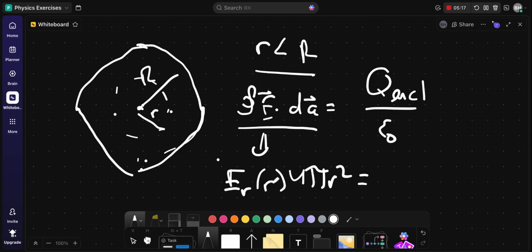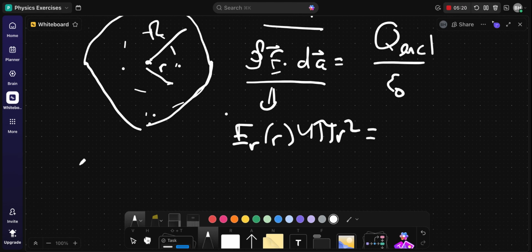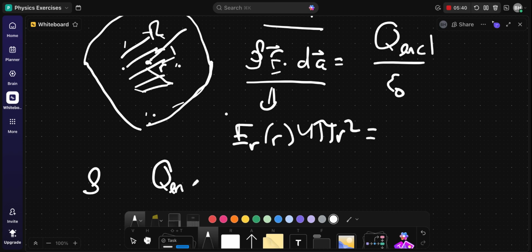So now we want to calculate the enclosed charge. Keep in mind that we have a homogeneous charge density rho, and the enclosed charge is what I'm indicating by this shade, which is within the small sphere. The enclosed charge in this case is not the full charge of the object, which would be 4 pi capital R cubed divided by 3 times rho, but only the volume of the small sphere times rho.